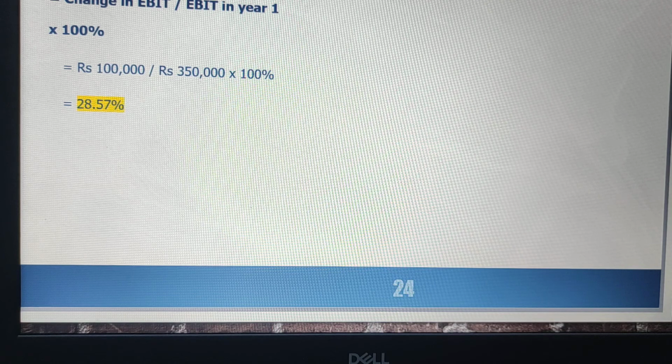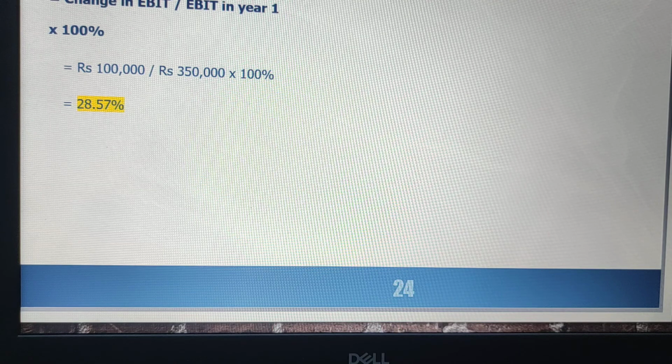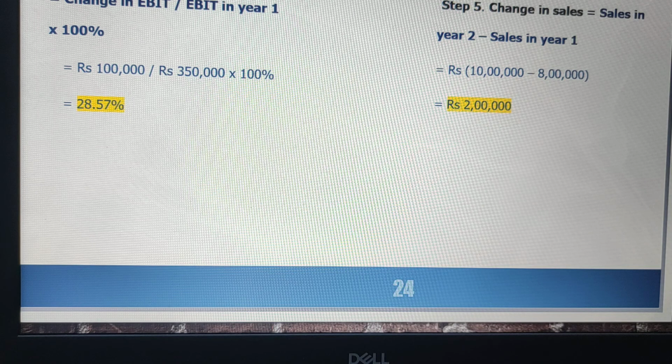And the percentage change in EBIT equals 1 lakh upon 3 lakh 50,000 times 100, which came out to be 28.57%. The next step is the change in sales. How much change has taken place in sales, that is 2 lakh in our case.